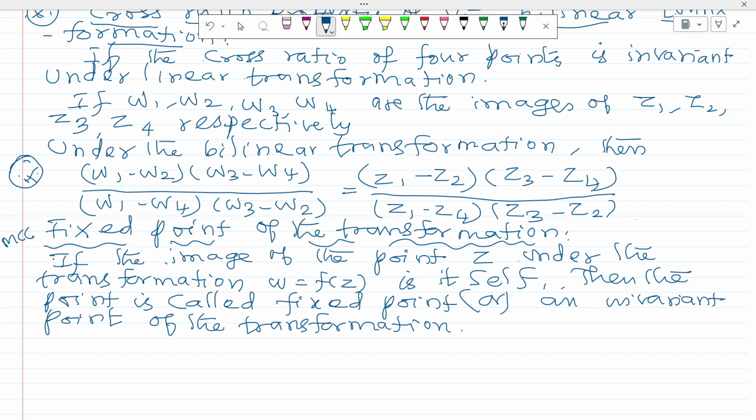It is an MCQ question: what is meant by fixed point or invariant point of the transformation?